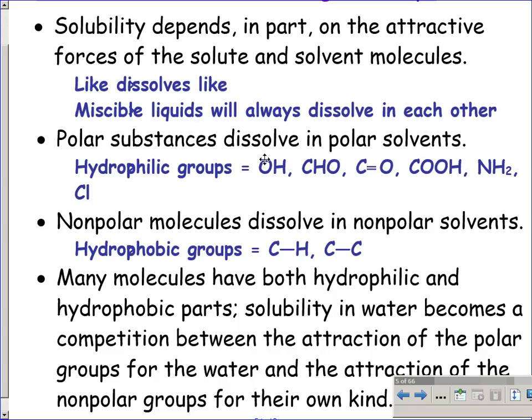Okay, so what's a real world example of decreasing solubility of a gas at increasing temperatures? Anybody? Decreasing solubility of a gas in a liquid solution at higher temperatures.